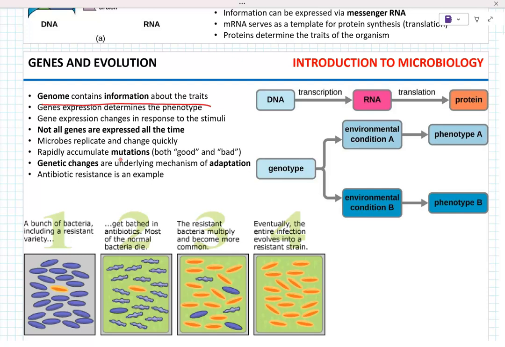Probably not. So gene expression responds to changes in the environment, what authors attempted to represent by this flowchart. But I think I came up with a much better analogy.